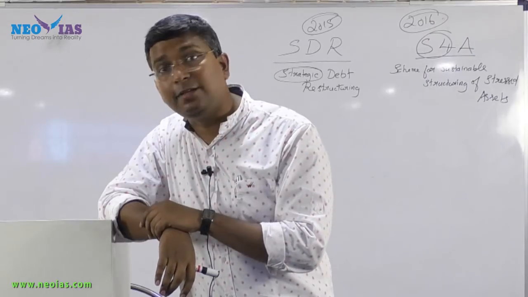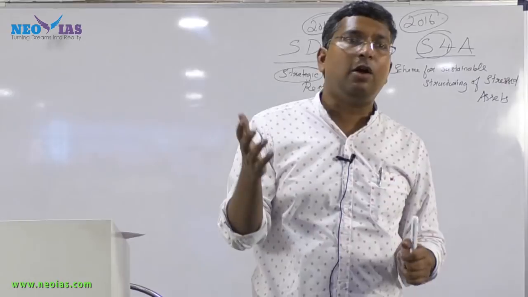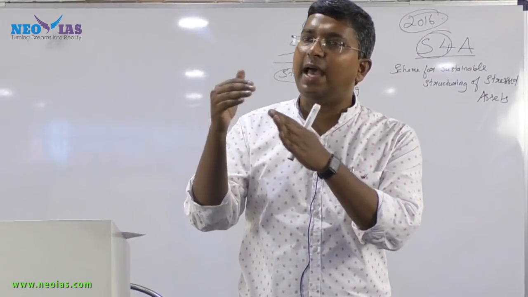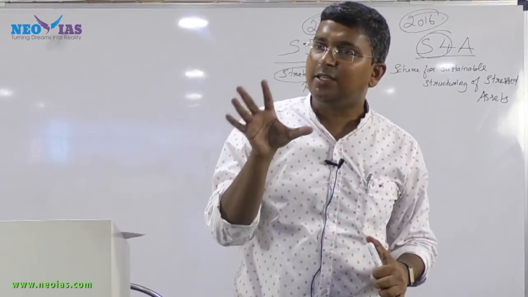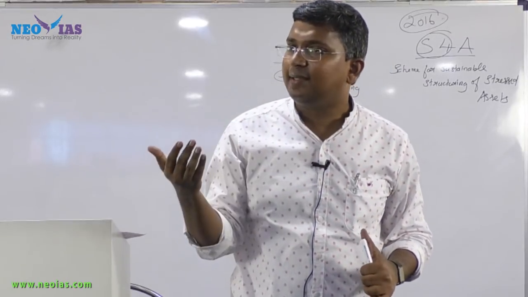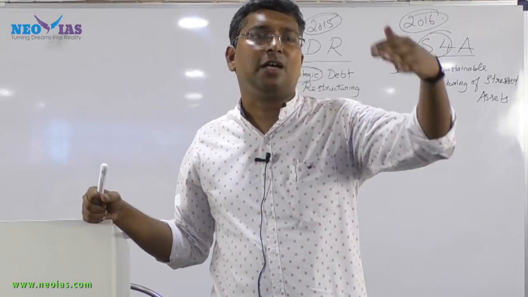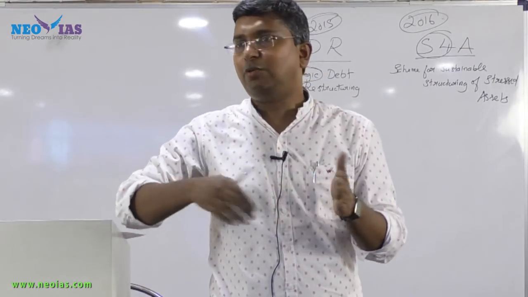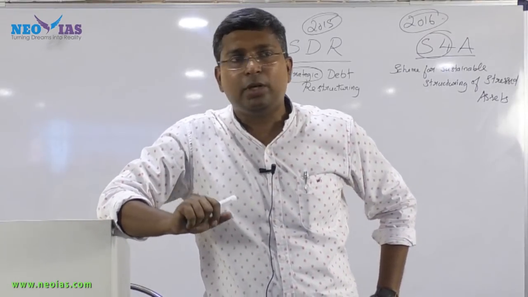Strategic disinvestment is not only selling off, they are selling more than 50%, so it is also shifting the managerial control to some other body. The government will lose the managerial control of that company. So this word is very important.